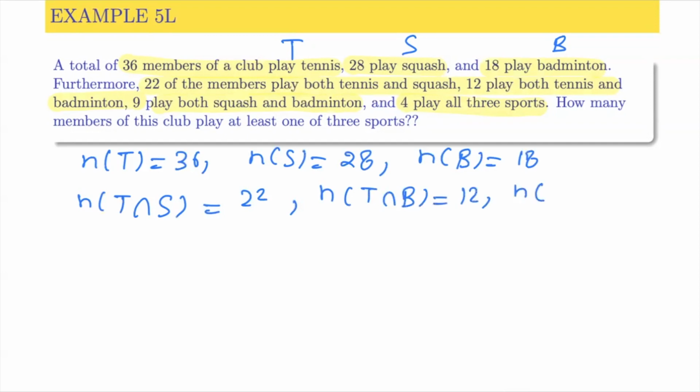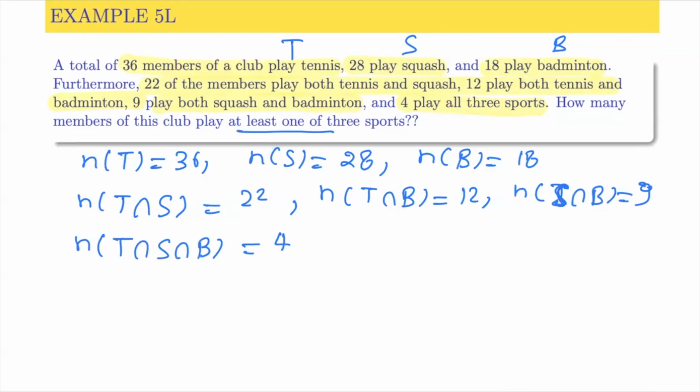Squash and badminton is 9. There are 4 players who play all three. They're asking for at least one sport, and whenever at least is there, you need to find the union.